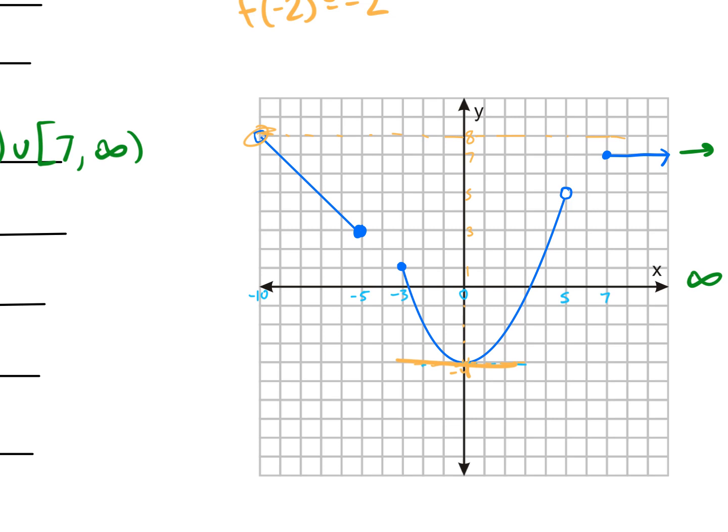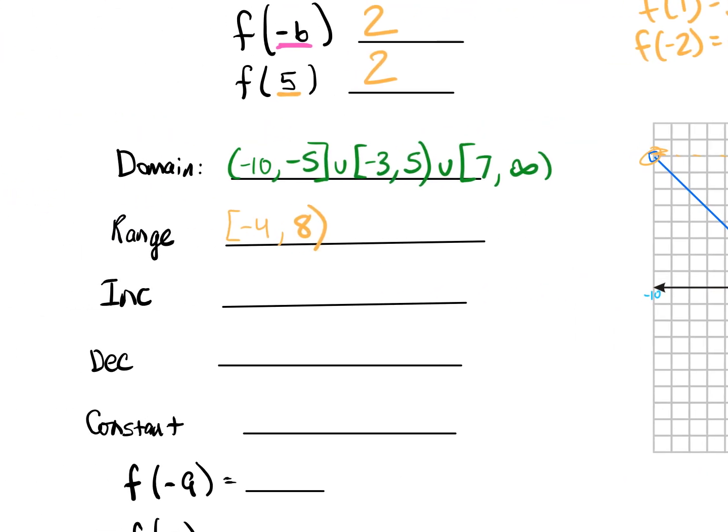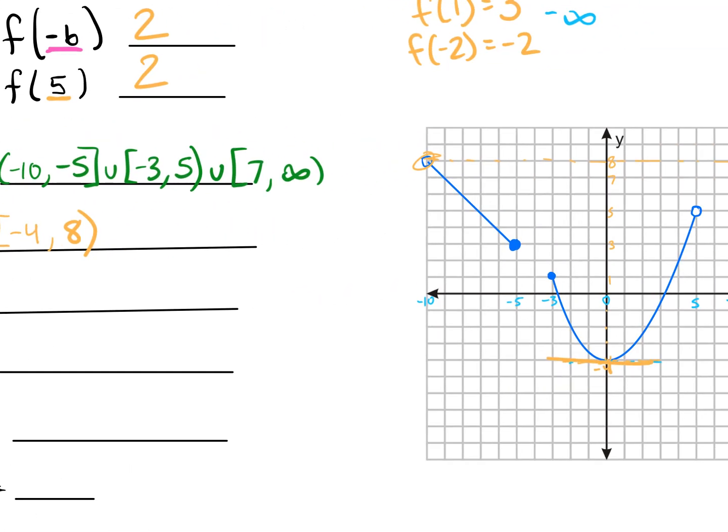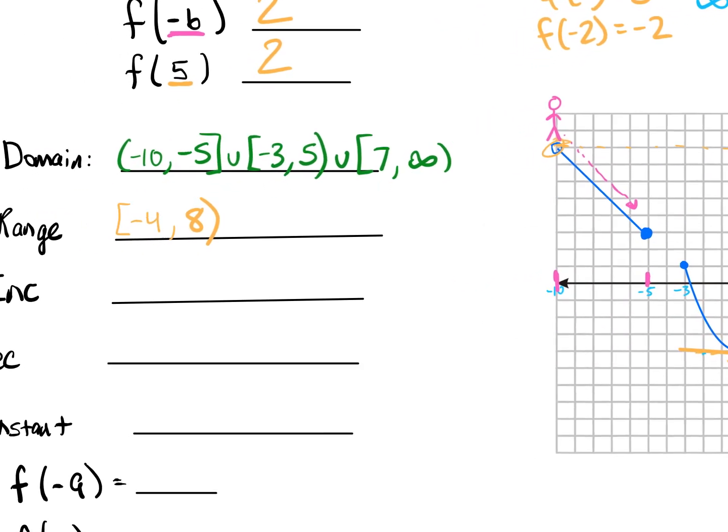All right, let's do increasing, decreasing, and constant. So our graph starts, if we start from the left and go to the right, would I be walking uphill or downhill? Downhill. So I'm decreasing from what to what here? -10 to -5.